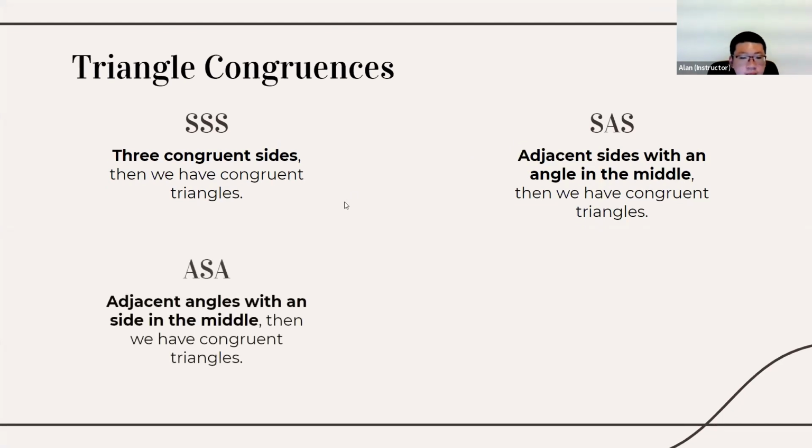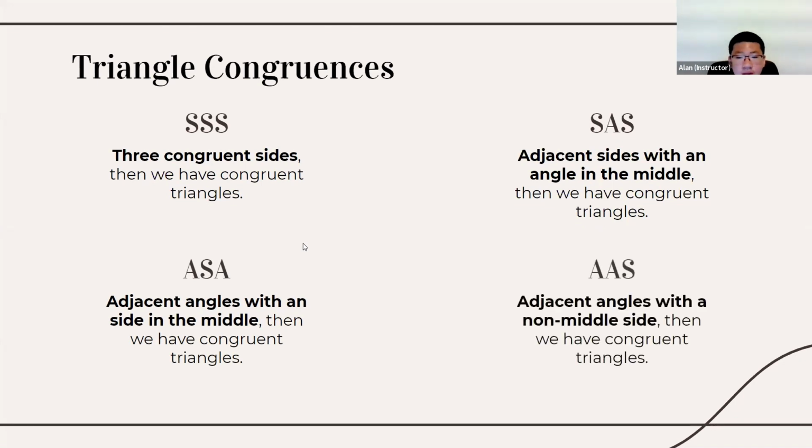And then ASA, it's the same thing. If you know the angle, side, and angle, and they're the same between the two triangles, then they're going to be congruent. And finally, for AAS, if the two angles and the side they give you are the same for two triangles, then you know they're congruent.